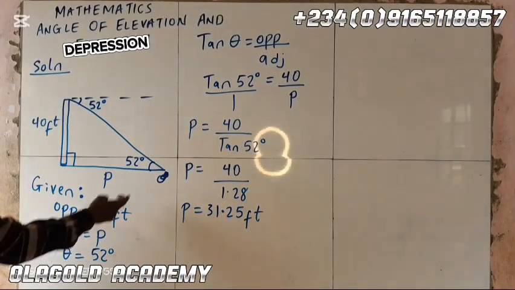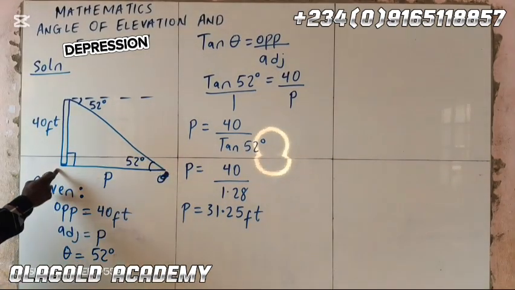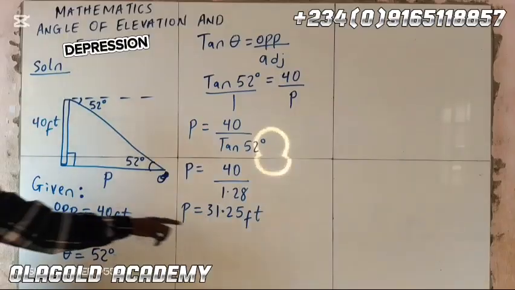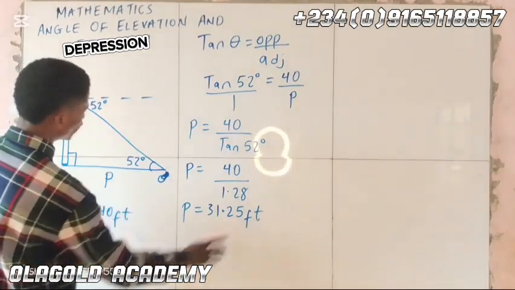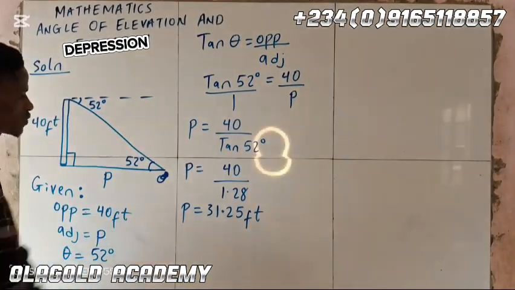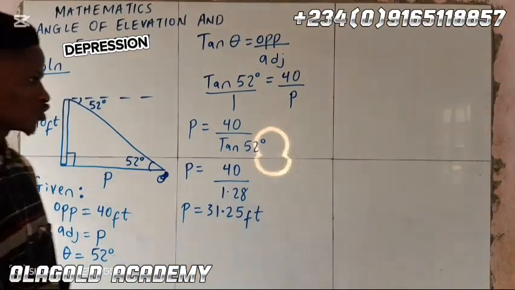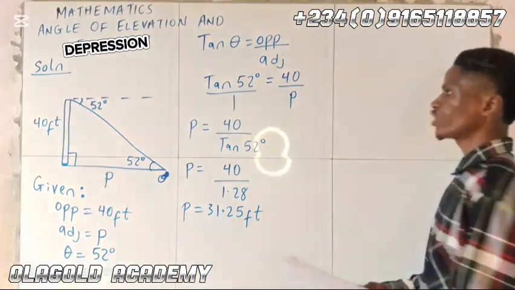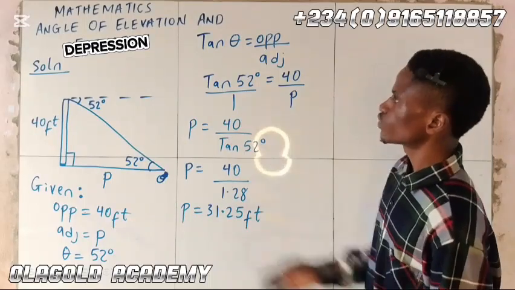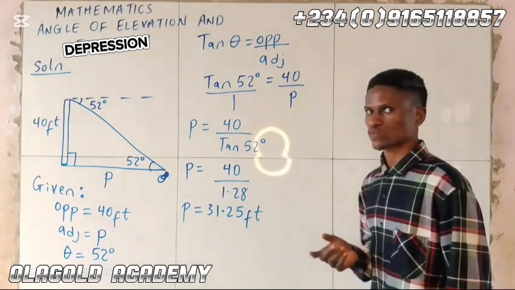It means from here to here is 31.25 feet. That is my final answer for this question. So this is how we solve questions under angle of elevation and depression.